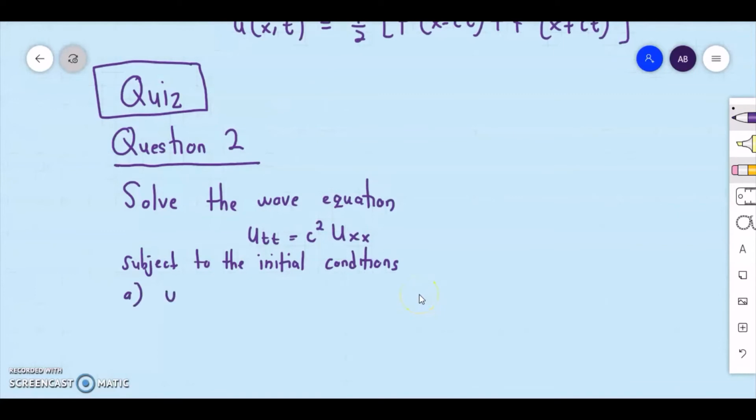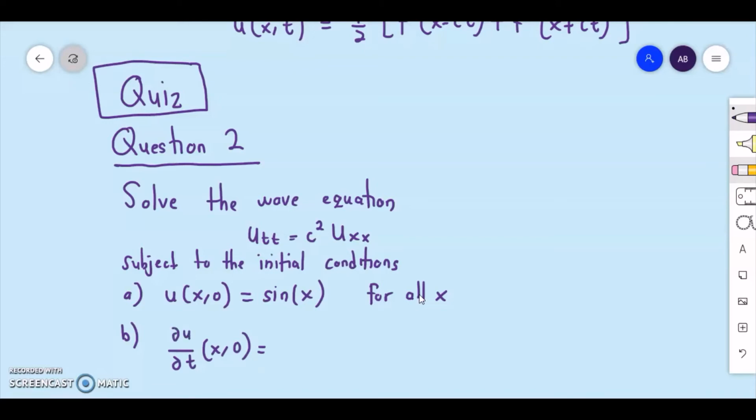So we have u of x, 0 equals sine x for all x, and partial u over partial t of x, 0 equals 0.